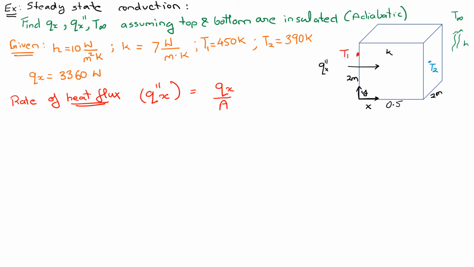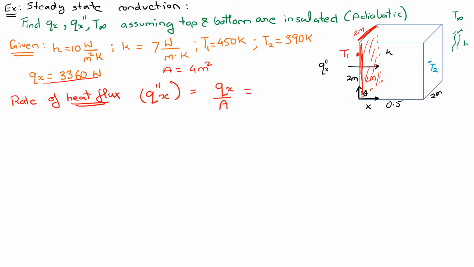So in this case, our heat transfer rate that we got was 3360 watts, and our area A is 4 meter square. That's this thickness right here, which is 2 meters, multiplied by this particular edge right here, which is 2 meters. So it's the area of this particular surface.